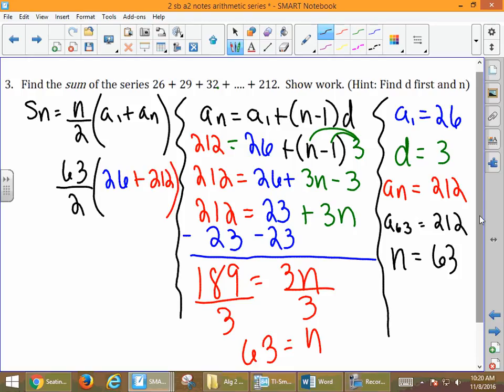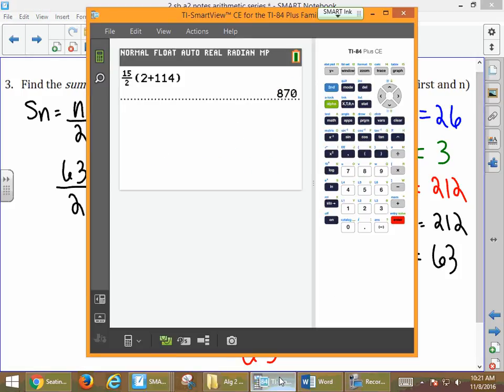I'm going to type it in our calculator. That's finally going to get all of these values added up, and it's probably going to be a pretty big number. So we can take 63 divided by 2 times our 26 plus 212. We get 7,497.